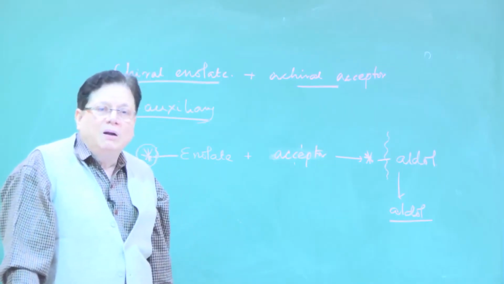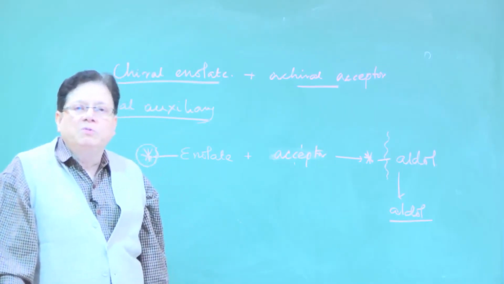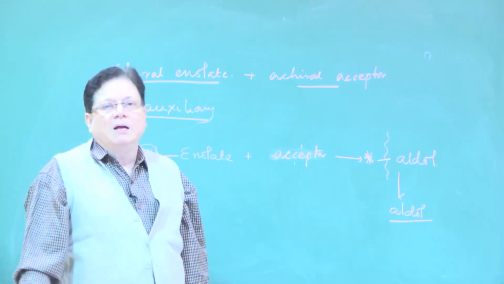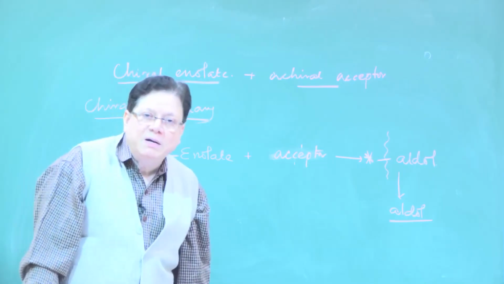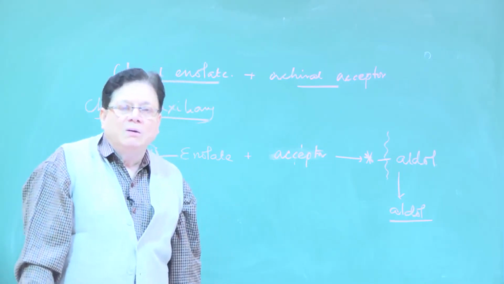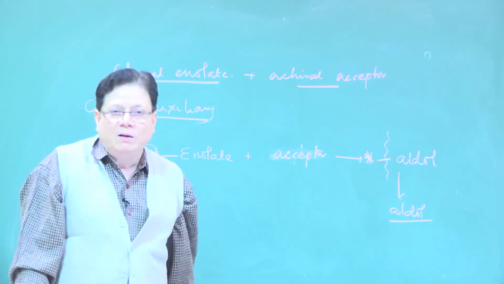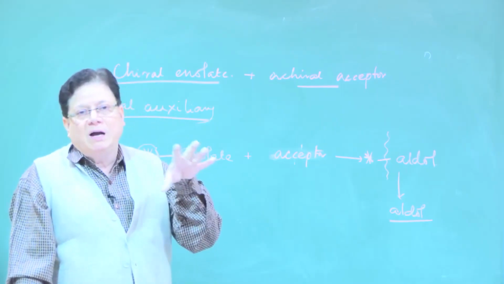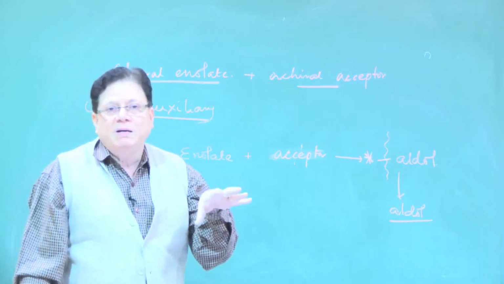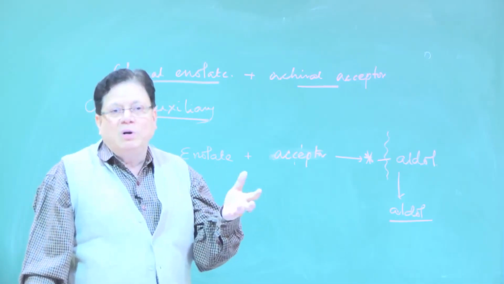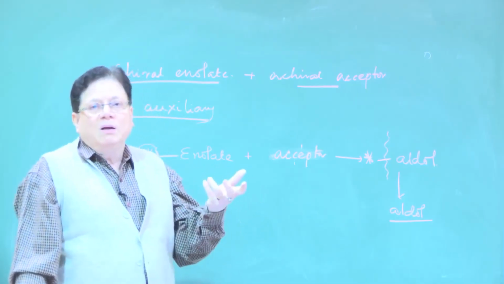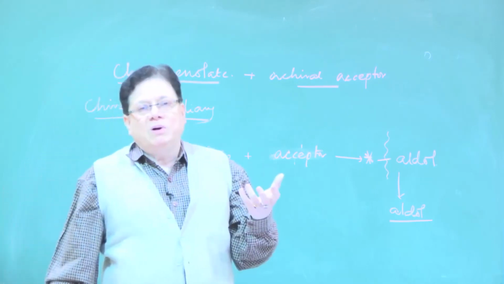Okay. Now, different chiral auxiliary groups are available. See, when you talk about any asymmetric synthesis, you have to have some chirality somewhere. It may be chiral catalyst, it may be chiral auxiliary, whatever it is, or you may start with a chiral ketone also, chiral carbonyl compound. The question is, what is the source of these compounds?